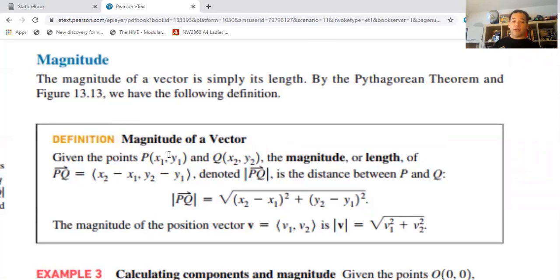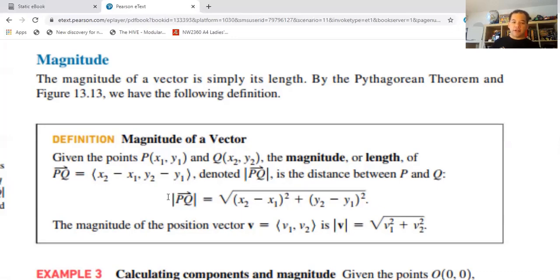The way you can do that is by subtracting the coordinates of P from the coordinates of Q. So you do x2 minus x1 and y2 minus y1. And then the magnitude, which we denote like this with absolute value. If we take the absolute value of a vector, we mean the magnitude of the vector.